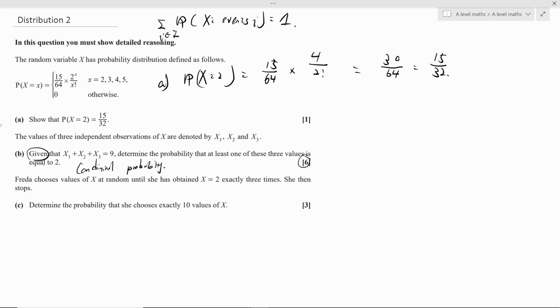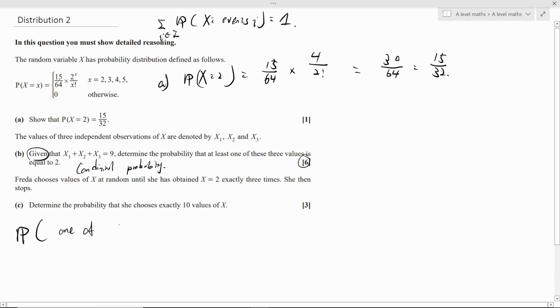So if we want to rephrase part B with formal definitions, we probably want to write it as the probability of X1 is 2, union with X2 is 2, union with X3 is 2, given the condition where X1 plus X2 plus X3 is 9.